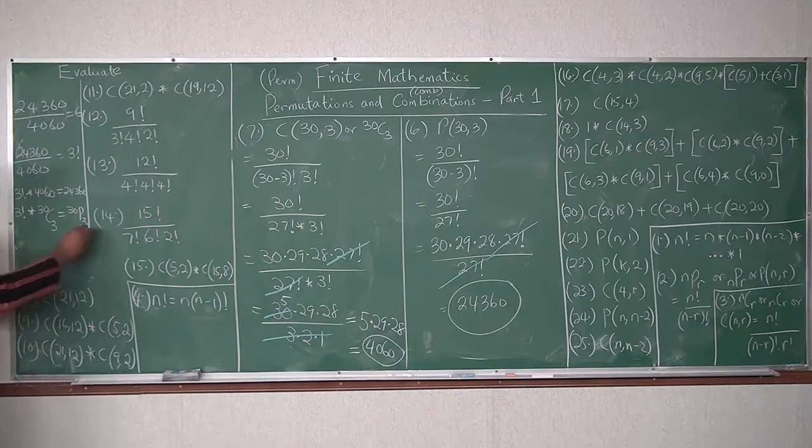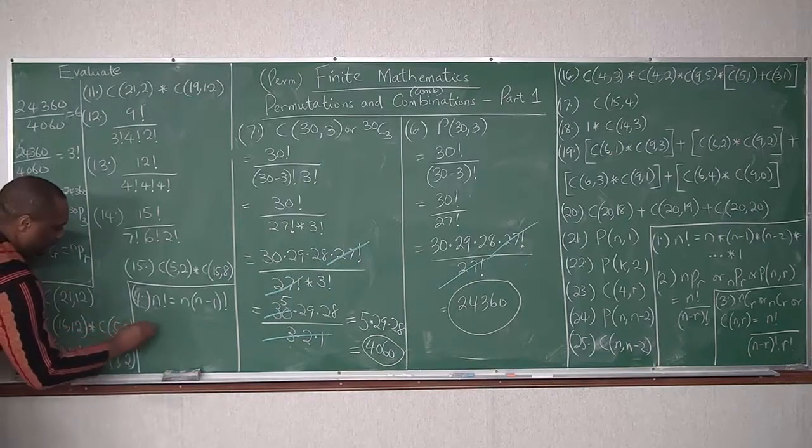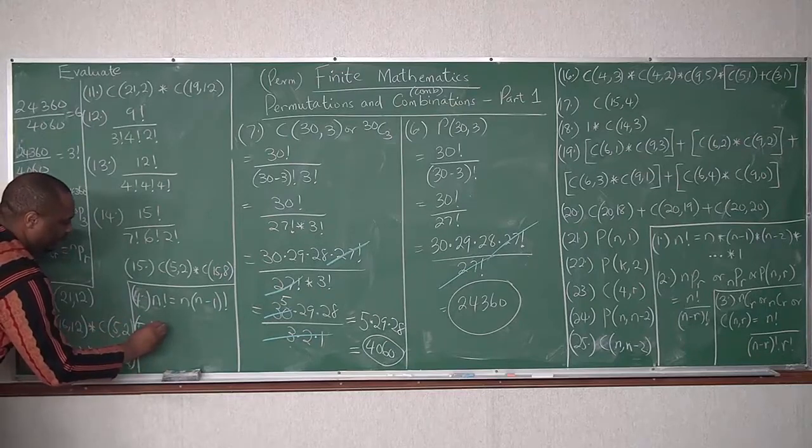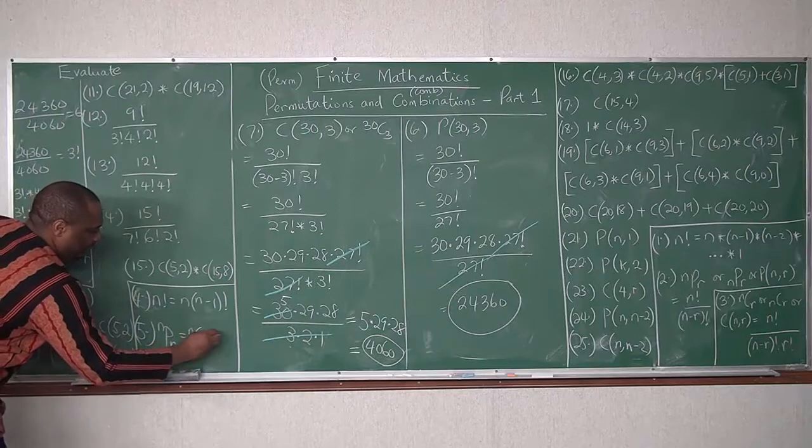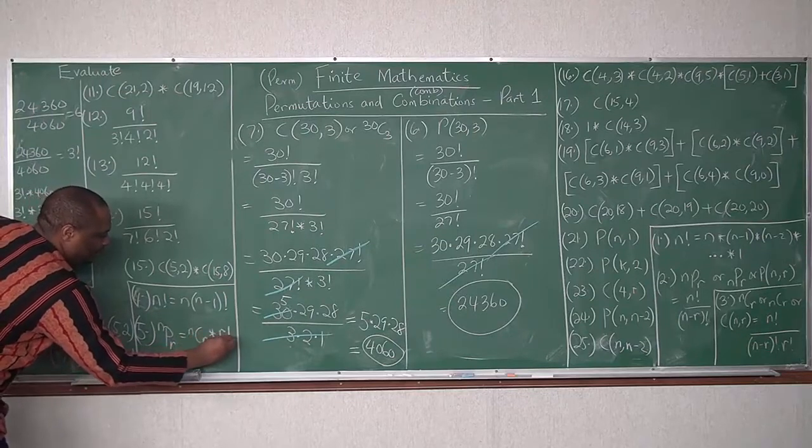The formula I would like to write now is this: r factorial times n combination r will give you n permutation r. That's the fifth formula I want to write. That n permutation r is equal to n combination r times r factorial. Formula 5.